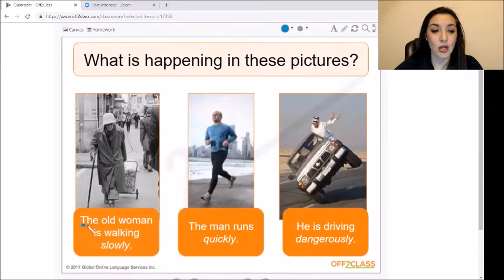It says, the old woman is walking slowly. The man runs quickly. He is driving dangerously. Okay, so all of these words end with ly.